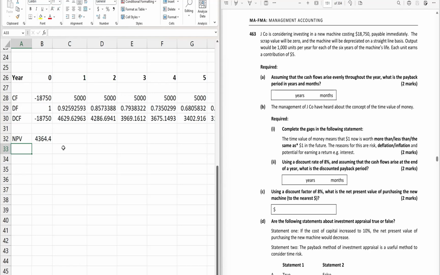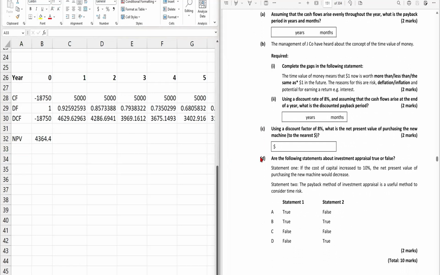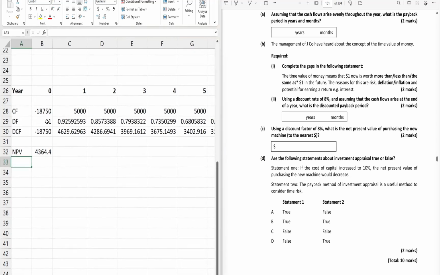It's quite easy, right? Okay, so last question, are the following statements about investment appraisal true or false? All right, statement 1: if the cost of capital increased to 10%, the net present value of the purchase of the new machine would decrease. It's correct, but I can prove this by example. Suppose we take 10% instead of 8%.